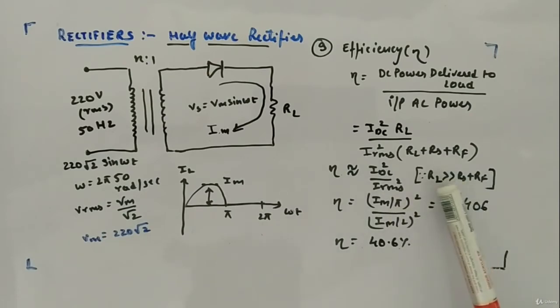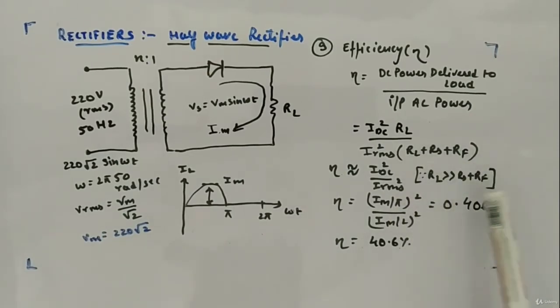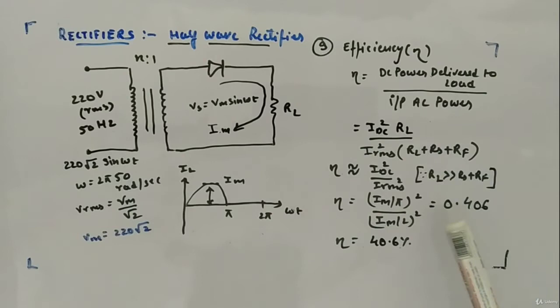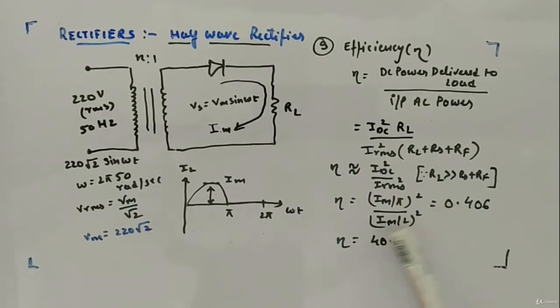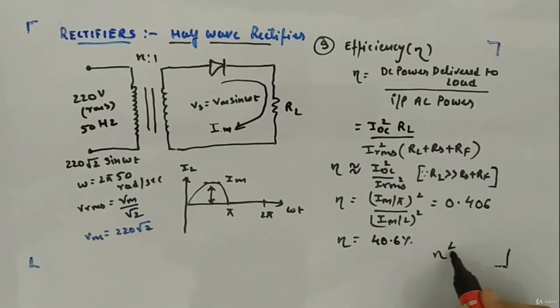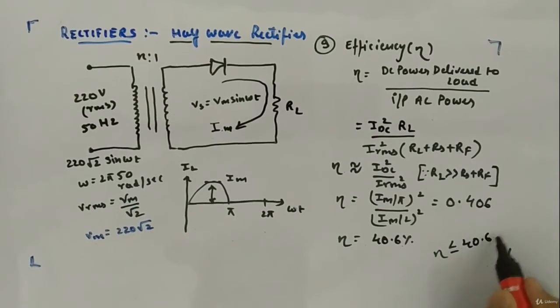Now considering RL is very much greater than RS plus RF, this will get cancelled. So approximately eta will be equal to IDC square divided by IRMS square, which is (Im divided by pi) square over (Im divided by 2) square, and Im will get cancelled and you will get 0.406 or 40.6%. So eta is less than or equal to 40.6%.